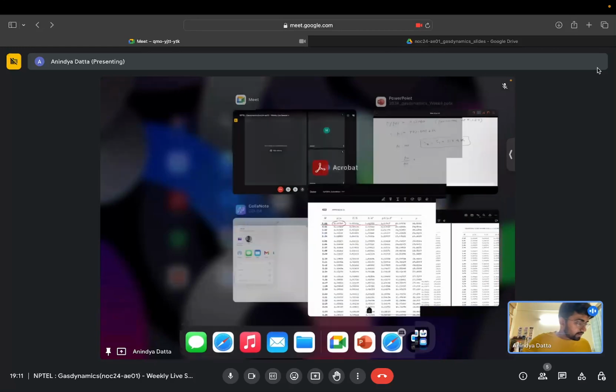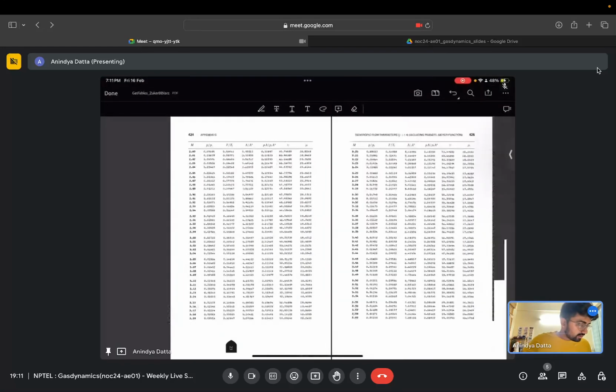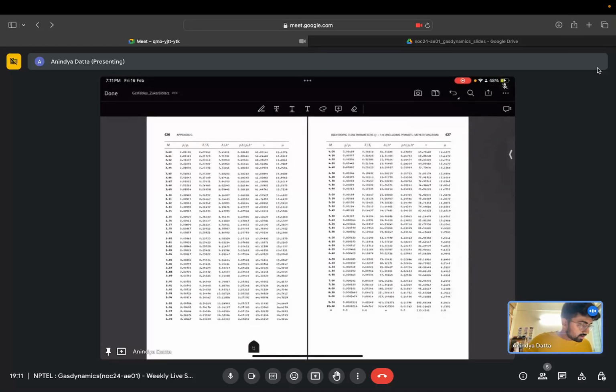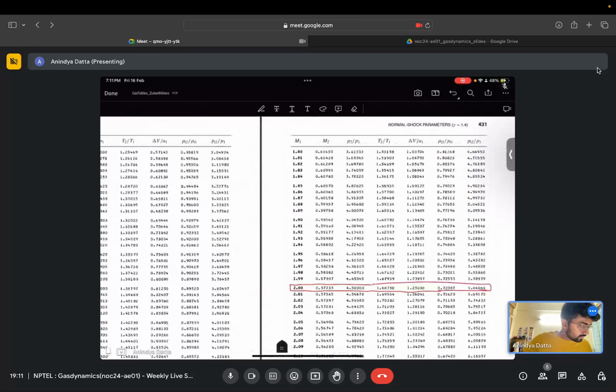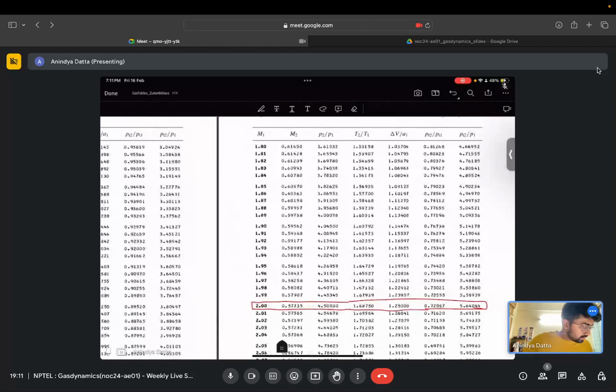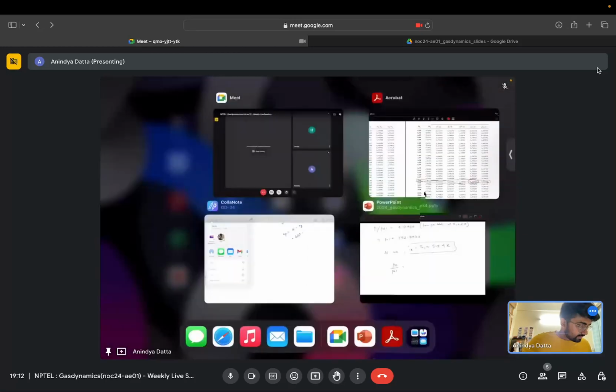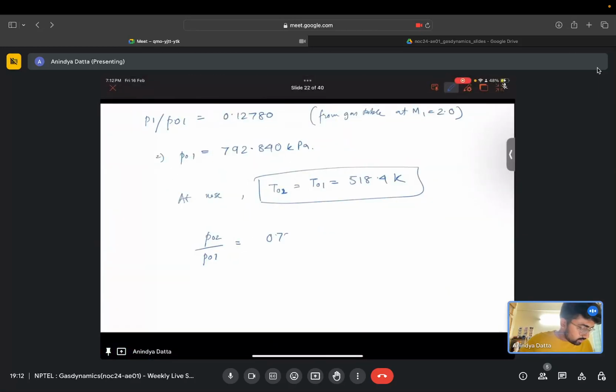So this ratio we can find from the normal shock table again. That value is 0.72087, from the normal shock table.